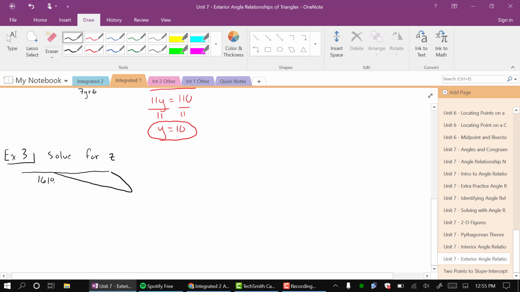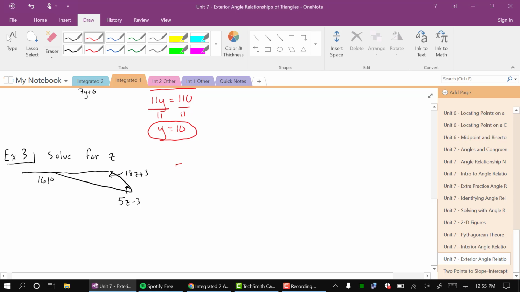So that's my exterior angle. This angle right here is 18Z plus 3. And this angle right here is 5Z minus 3. So these two are my remote interior angles, and this is my exterior angle. So these two are going to add together to give me this one.